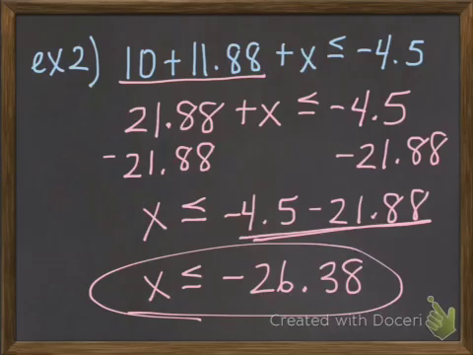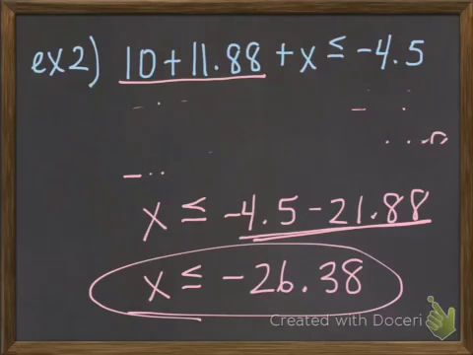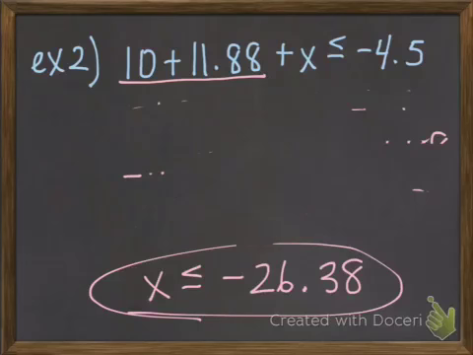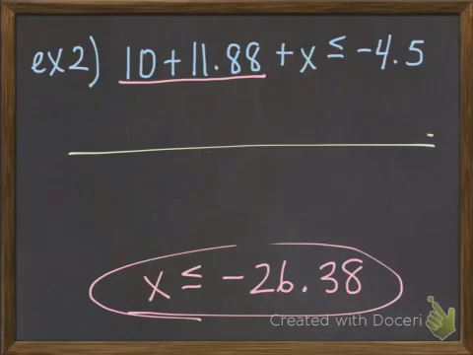So I'll erase all of this work that we did here, and draw a number line. Okay, I'm thinking about negative.